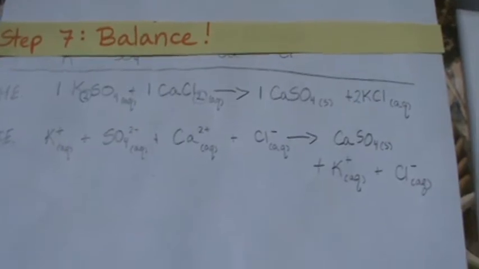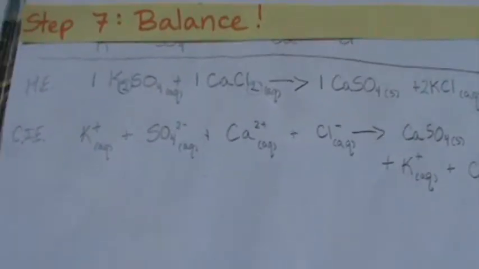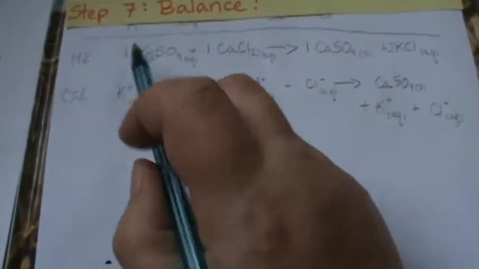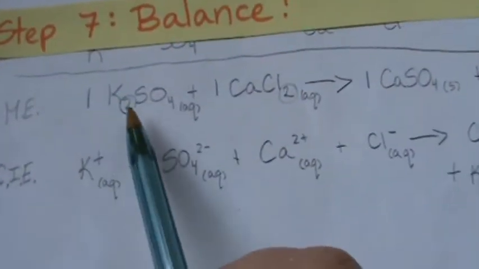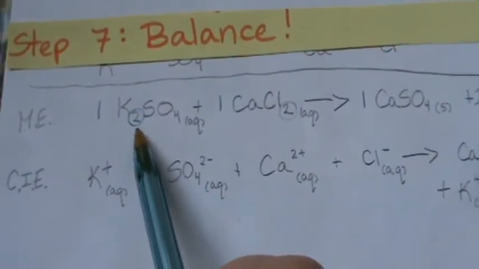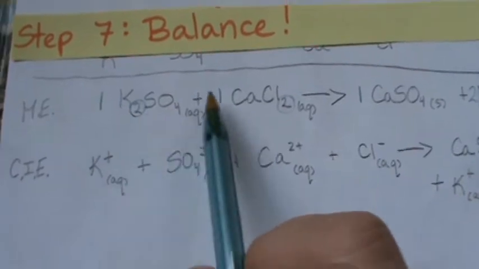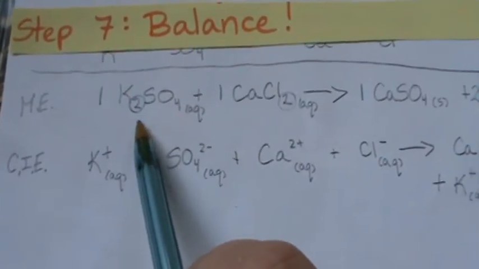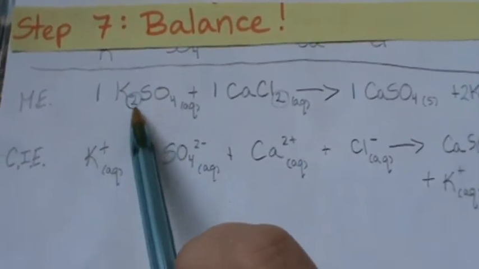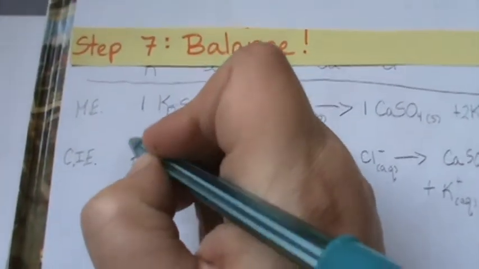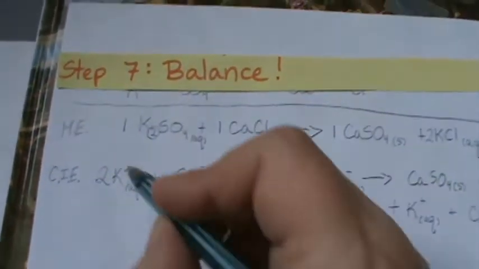That's just balancing as we learned it in chapter 3, where we keep the ions together. But now what I need to do is I also need to balance in my complete ionic equation. And so what I need to write down there, see how I have 2 potassium ions here? I have 1 potassium sulfate, and there's 2 potassiums in that. So then I'm going to put a 2 here.